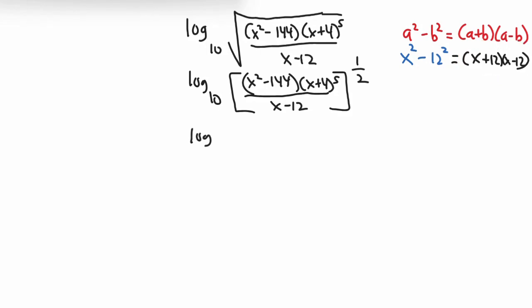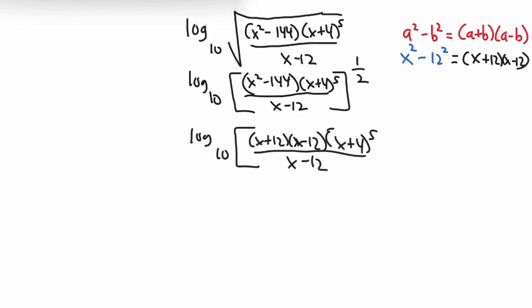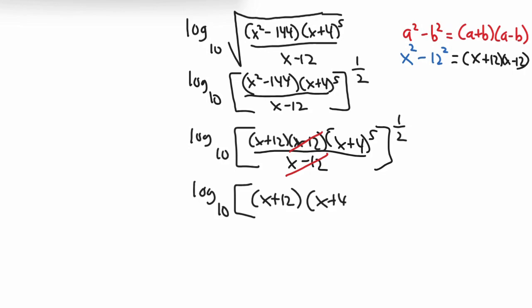So this becomes log base 10 of x plus 12 times x minus 12 times x plus 4 to the 5th, all over x minus 12. This is all to the 1/2. So we can cancel the x minus 12s, and now you have log base 10 of x plus 12 times x plus 4 to the 5th, all to the 1/2 power.